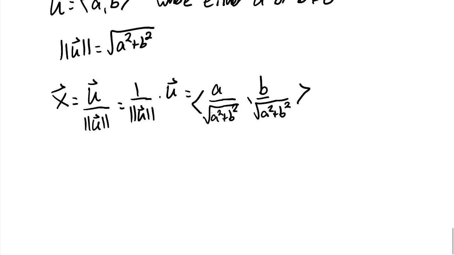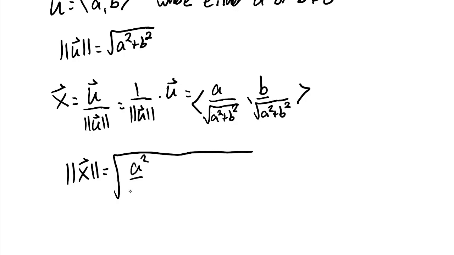So what is the magnitude of x then? The magnitude of x is going to be this squared, so the square root is going to go away on the bottom: a squared over a squared plus b squared, plus the second component squared, so b squared over a squared plus b squared.